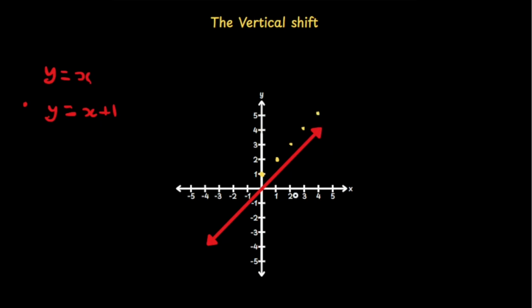Okay, now working backwards from the y-axis, working towards our left, we're going to start off at negative 1. Negative 1 plus 1 is 0. So we're going to plot that along the x-axis, right? Negative 2 plus 1 is negative 1. Negative 3 plus 1 is negative 2. Negative 4 plus 1 is negative 3.